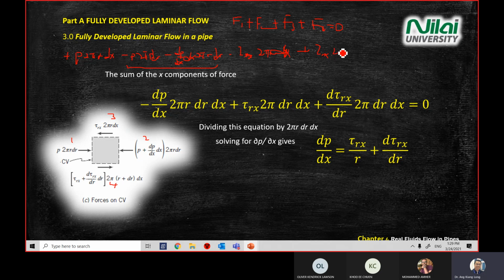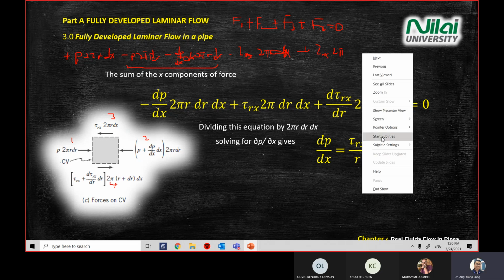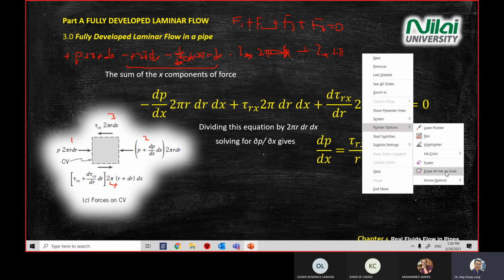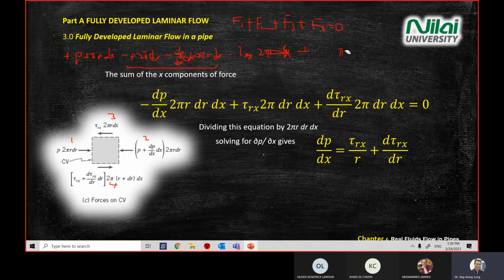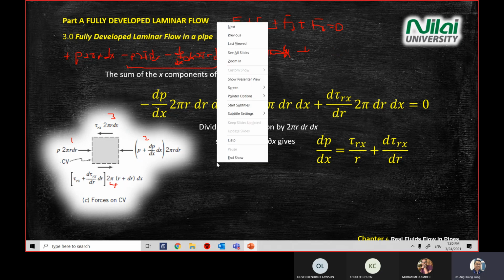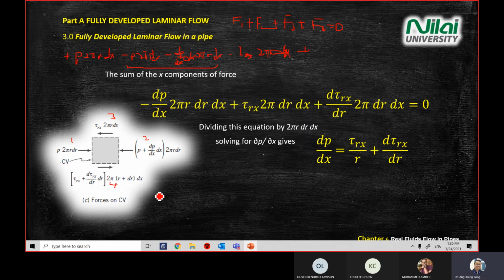So 2 pi. Okay, let me do it a bit slow for the third one. It's a bit lengthy, equation number 4. Okay, let me rewrite the equation number 4.